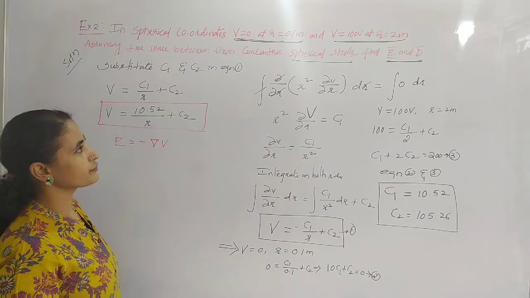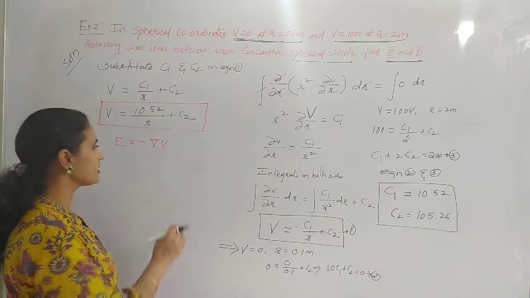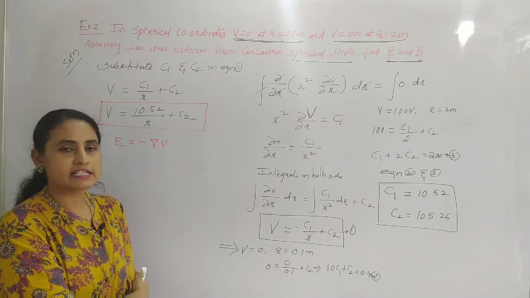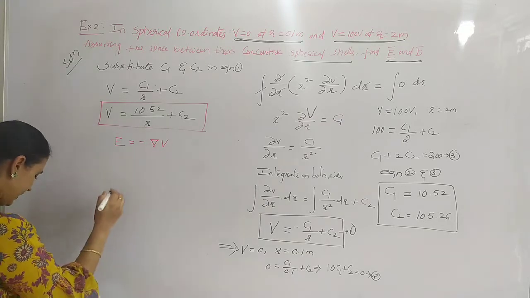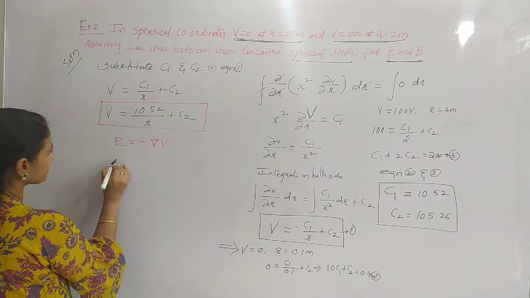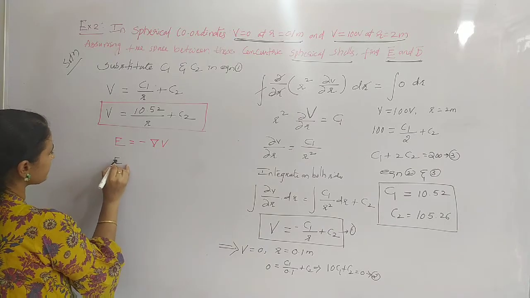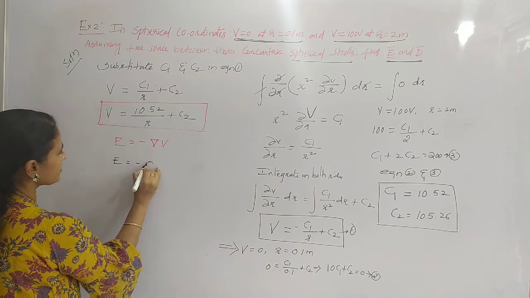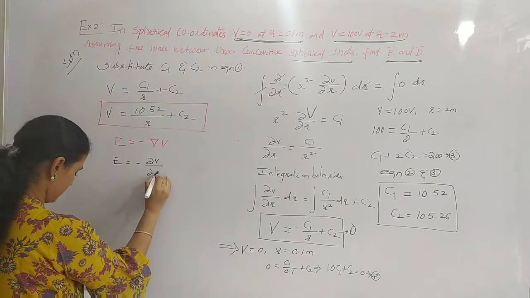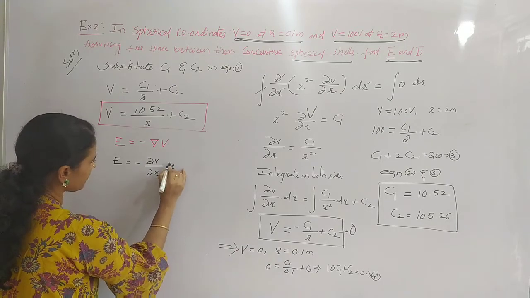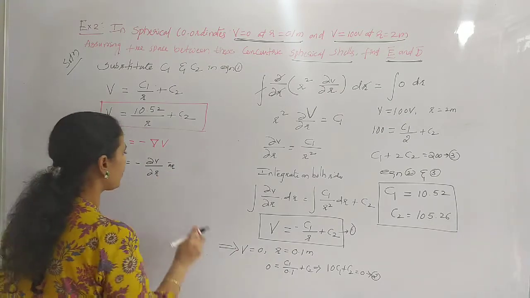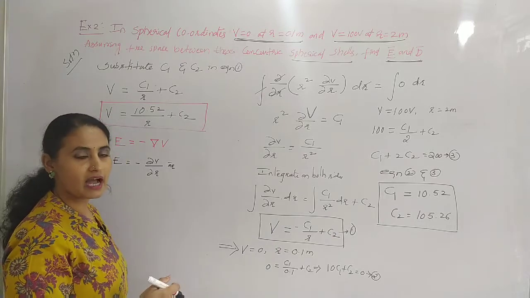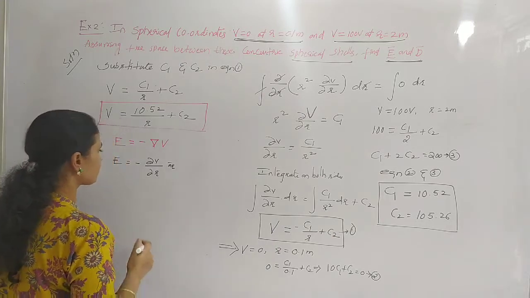Since here is a case of two spheres, we have to consider the del in the spherical coordinate system. Writing del in spherical, E is given by minus dou V by dou R into AR. Okay, so the remaining theta and phi terms are 0.